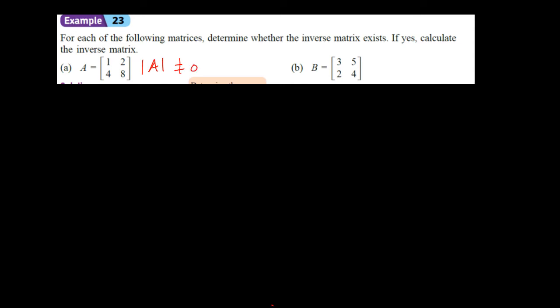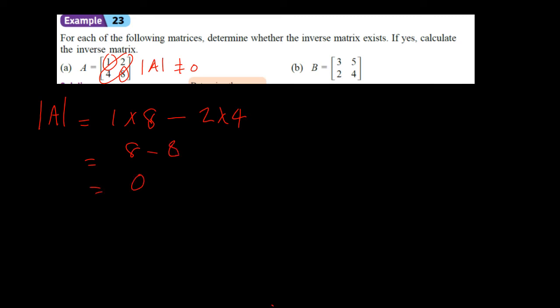So you find your determinant first. Your determinant is 1 times 8 minus 2 times 4, so you get 8 minus 8.